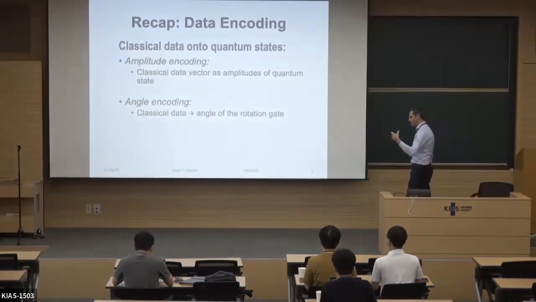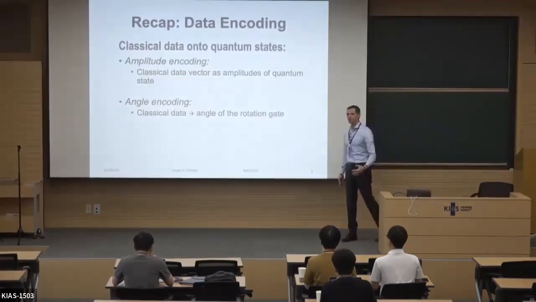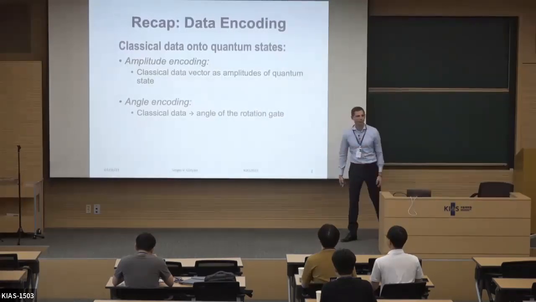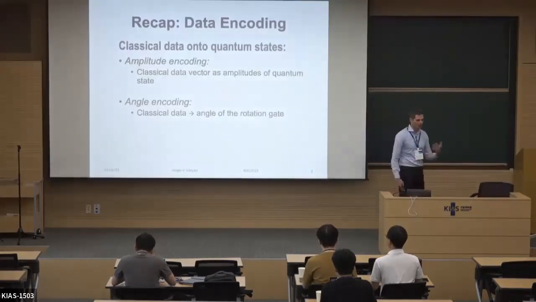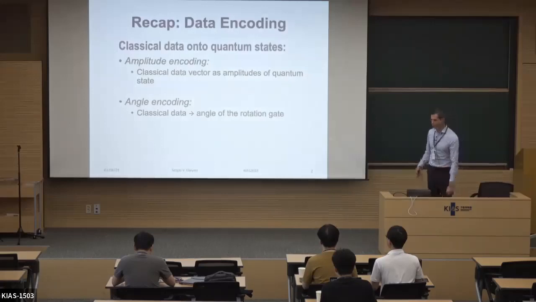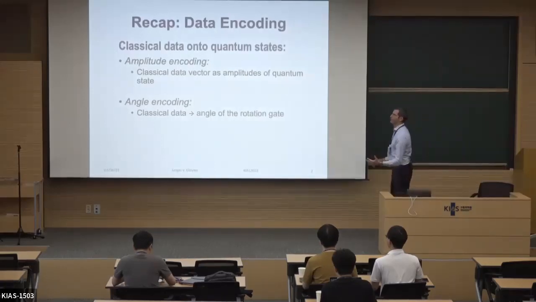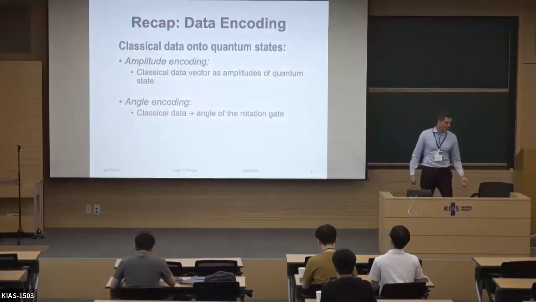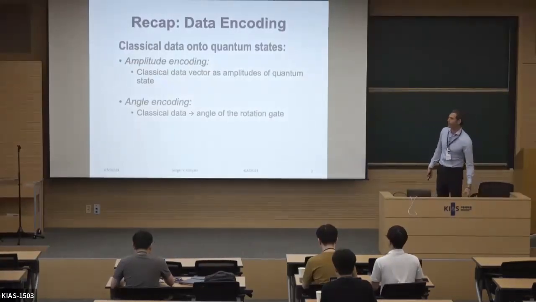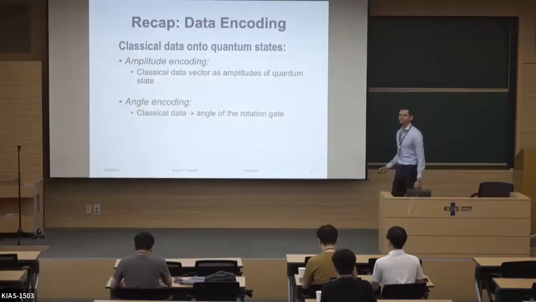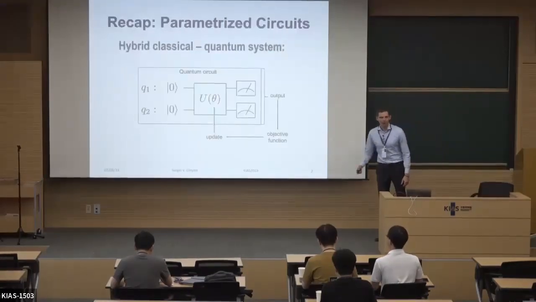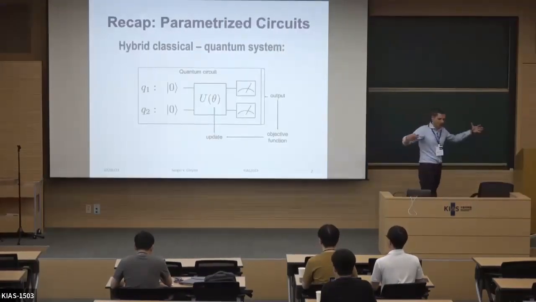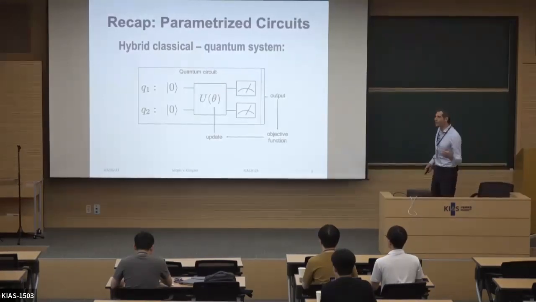So different xi's contribute differently, through a different angle, and you can encode this nicely onto the qubits. Those are quite popular, and we'll show you some examples of both, and you'll get a flavor for each one. We also talked about parameterized circuits, which are at the heart of quantum machine learning.